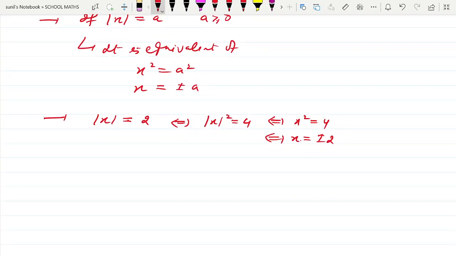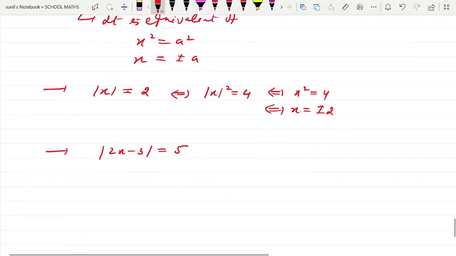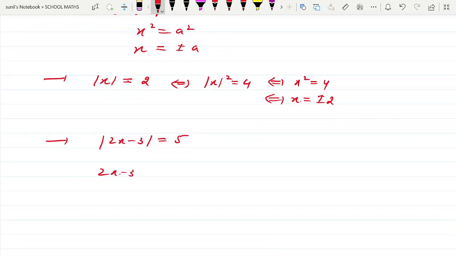Okay, now on the basis of this I am solving one problem by using this concept. Now we can do squaring, is equal to 25. Now let us solve this. We have 4x square plus 9 minus 12x minus 25 equals to 0.